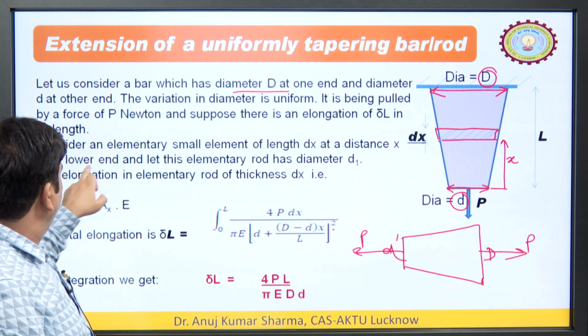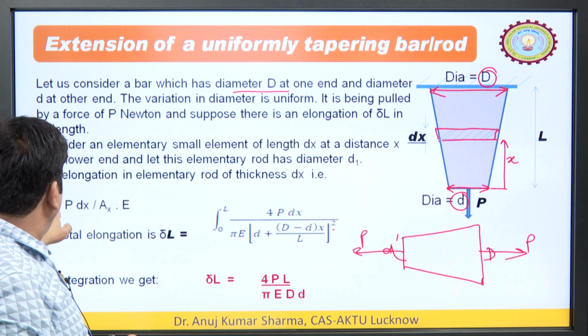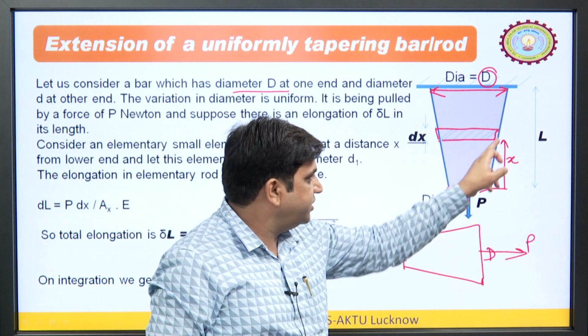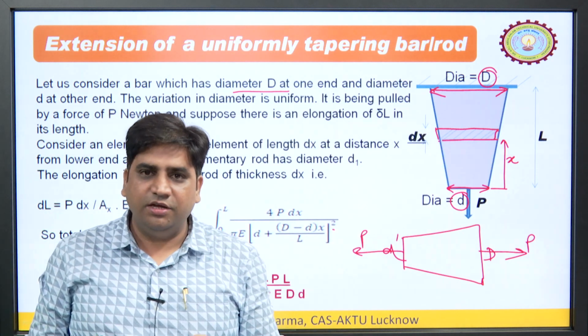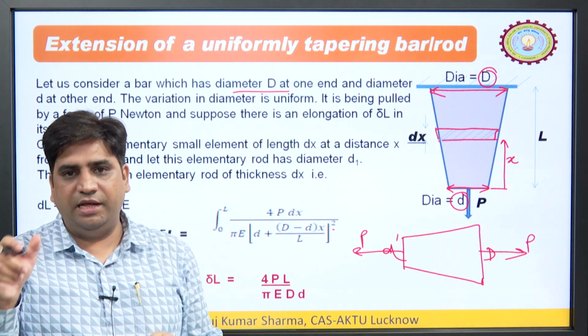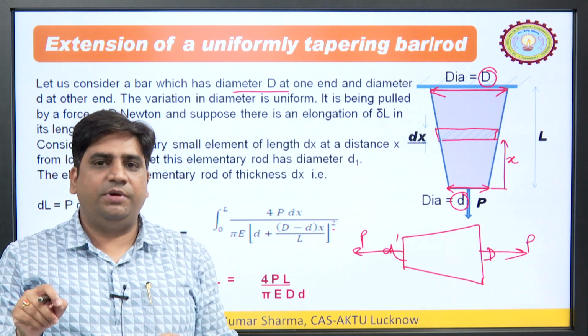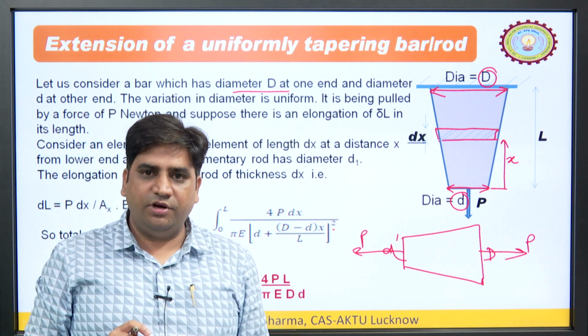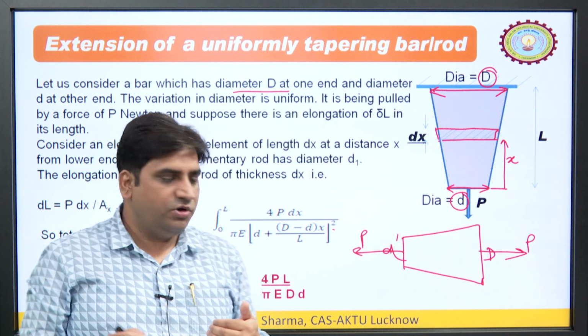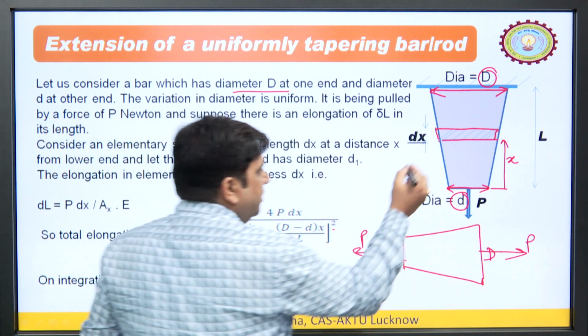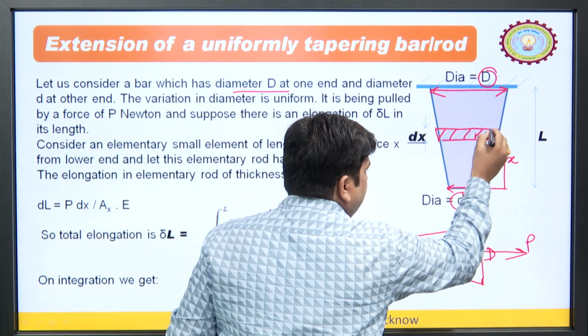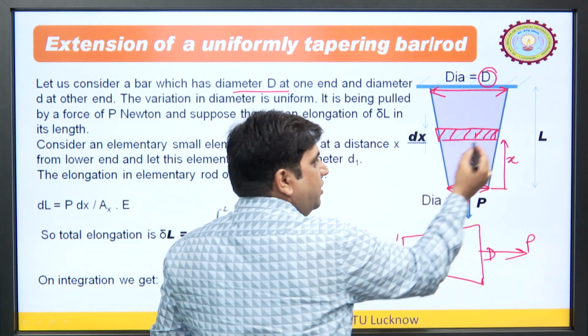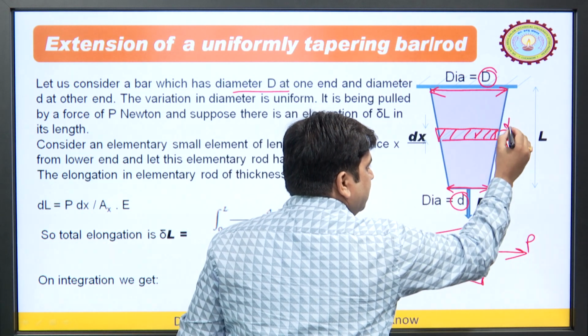Now, what would be the elongation of this particular section? We have already derived that formula: it is load multiplied by length upon area multiplied by E. In the previous slide we have already explained the formula. So, if this is the rod, what would be the length of this rod? It is dx.